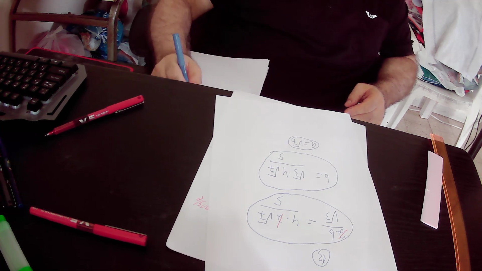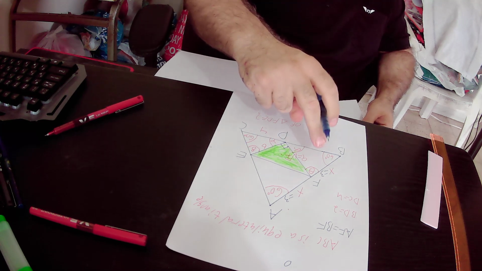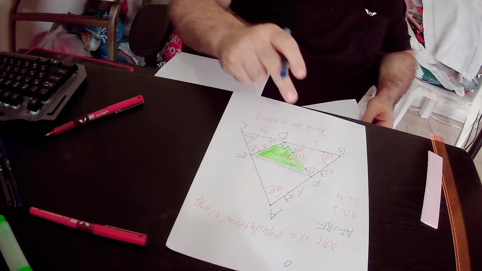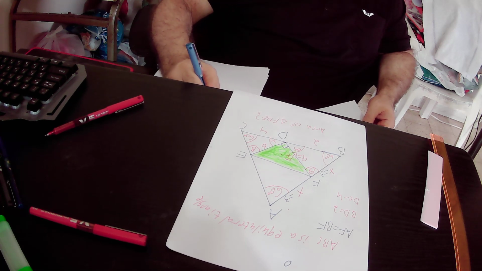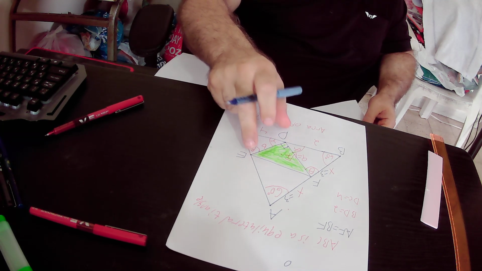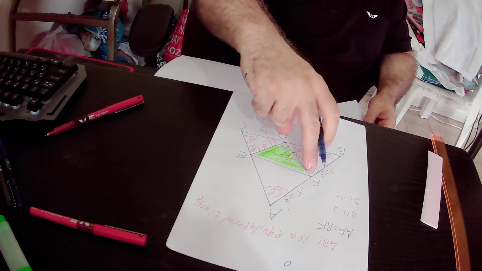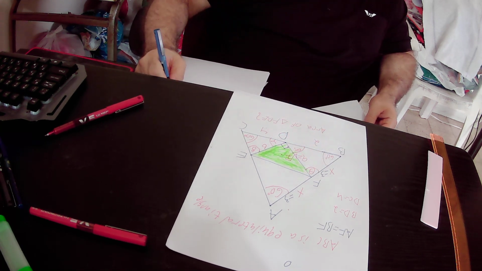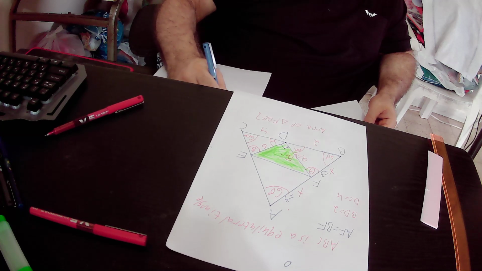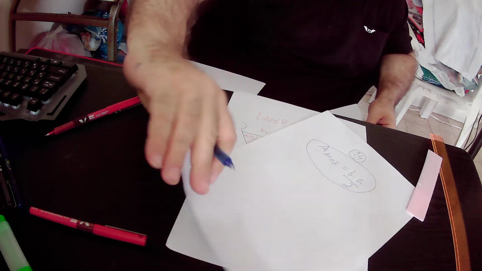And actually the area of any triangle equals the base of the triangle times the height to the base over 2. So the area of the green triangle FDE will be equal to the base of the triangle, that is to say b, times the height to the base, that is a, over 2.